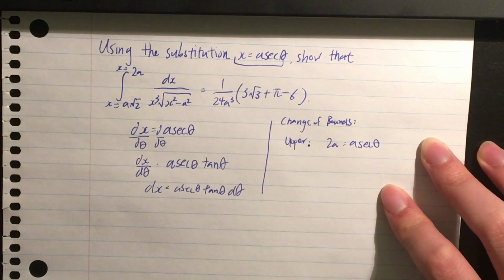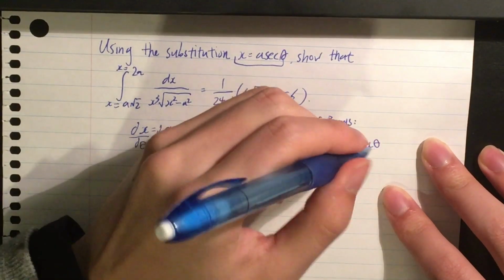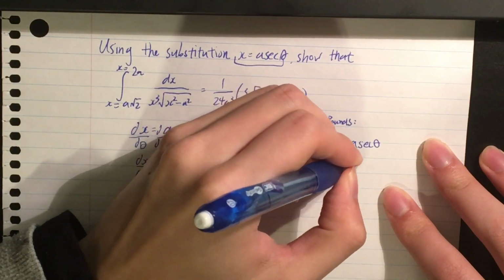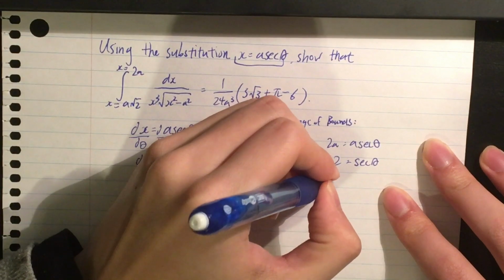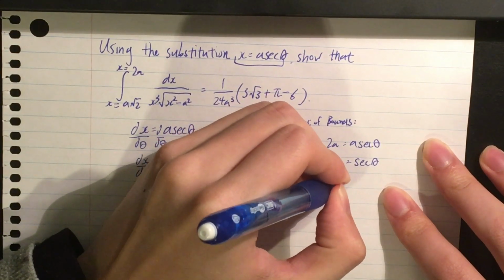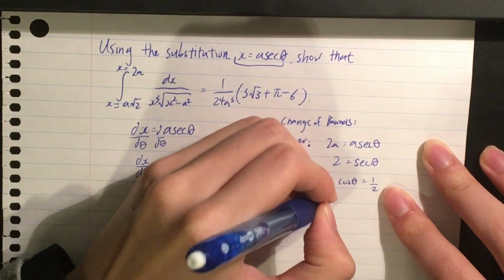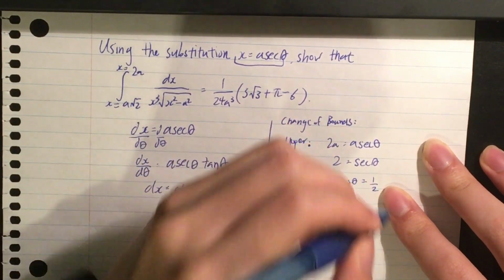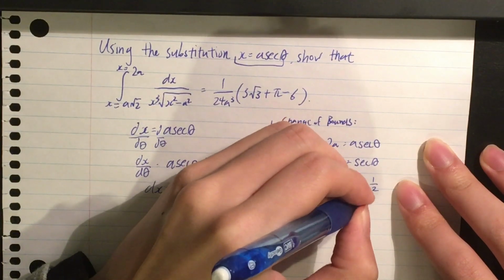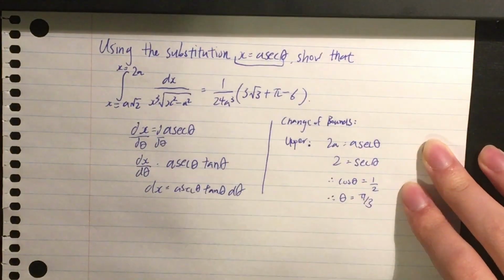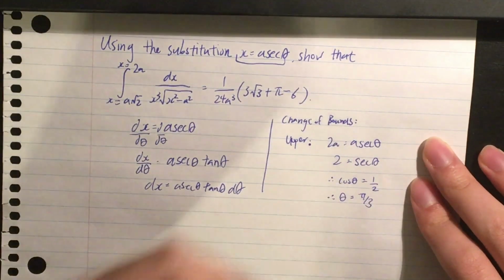And so by doing that, we find that 2 is equal to secant theta. And so cosine theta equals 1/2, and theta is equal to pi over 3.